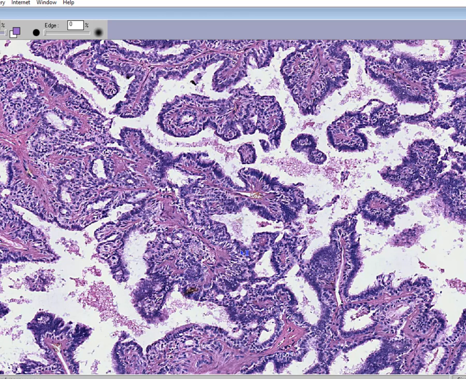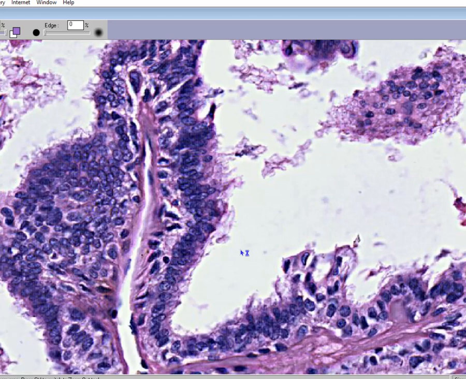And I'll tell you what, let's be a wise guy and even look closer. Look at how nice and palisaded these cells are. And look how in the center you have a little bit of fibrous tissue and a blood vessel as well, like all papilla do.